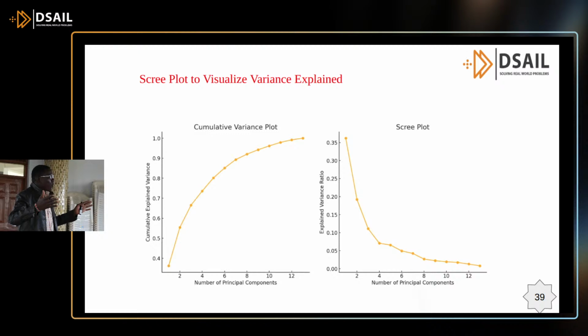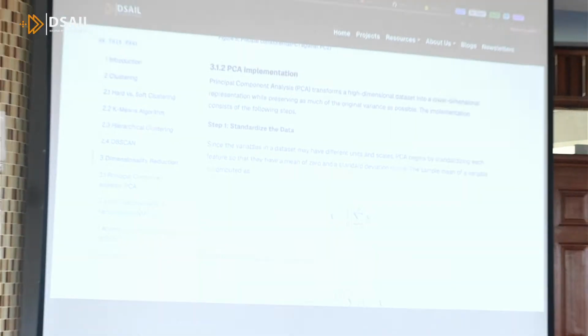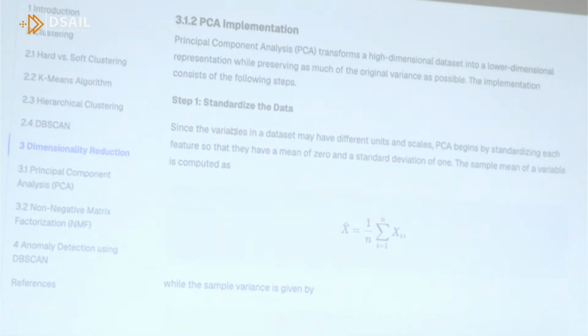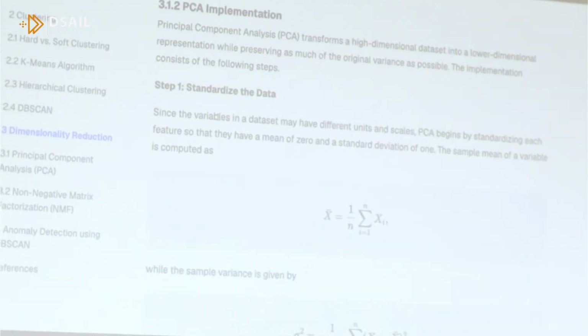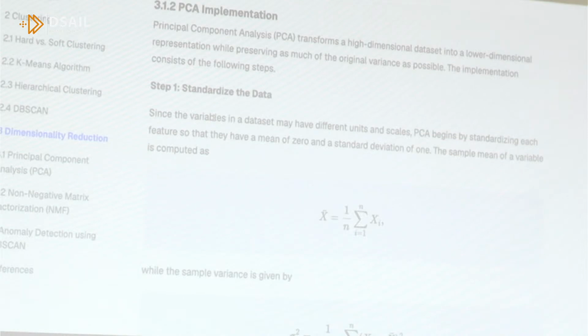So once you have your components, let me just show something maybe. In this I placed various steps on how PCA is manually computed, though when you're implementing it, other people have already done this, but it's just some background knowledge on how it really works.